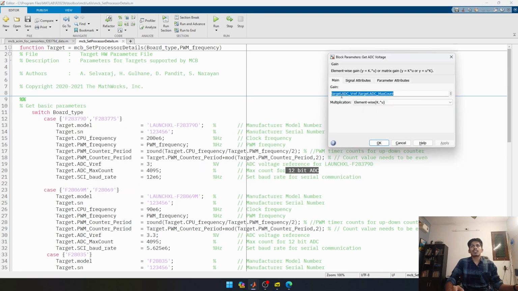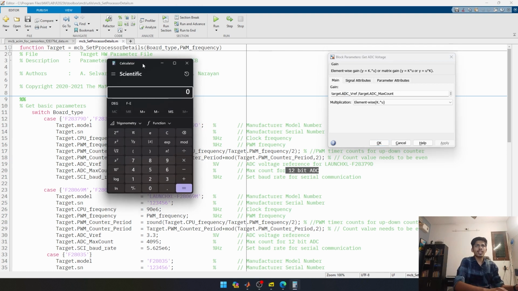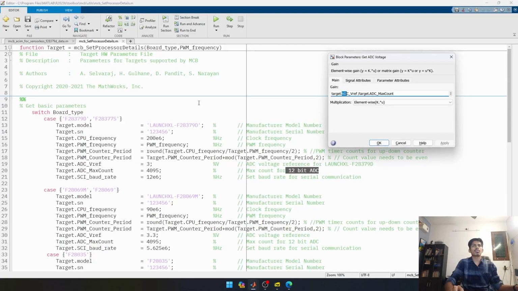So let's do the calculation. 3 by ADC max count 4095 is the value 0.00073 something.